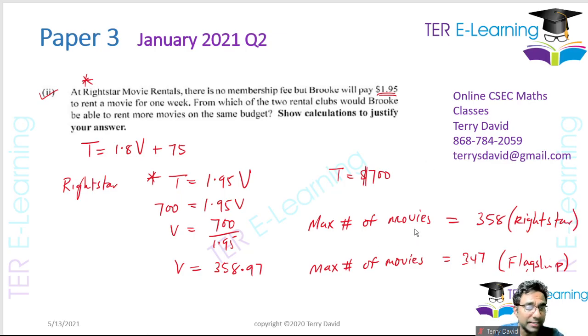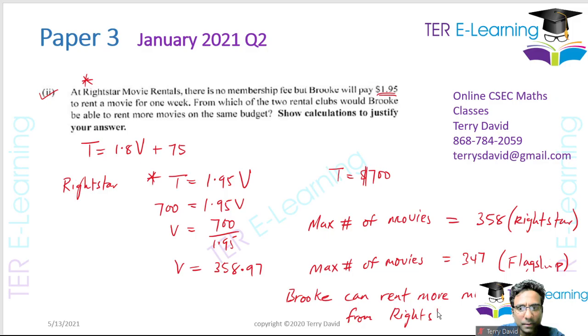So if you just look at the numbers, you realize you can borrow more movies from RightStar. Brooke is the person's name, so you need to make a statement indicating that. So Brooke can rent more movies from RightStar. This one is my bigger number, again 358.